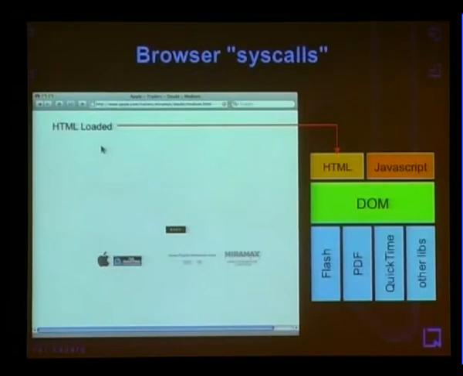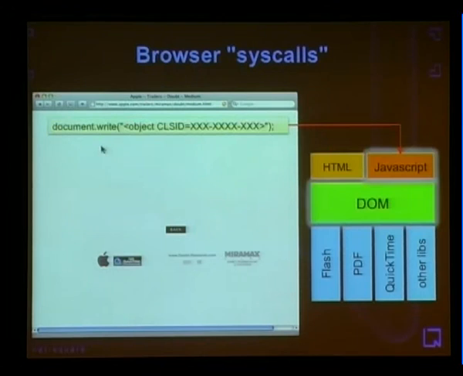Here's an example of what I call a browser syscall. Let's say you go to apple.com QuickTime, you want to see a lot of QuickTime trailers. There's HTML being loaded in. This HTML gets loaded in the browser's DOM and everything, that's fine. Inside this HTML, you have HTML tags like object CLSID equal to blah, blah, blah.